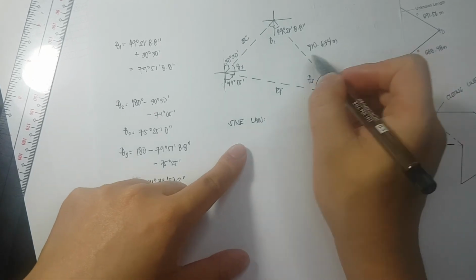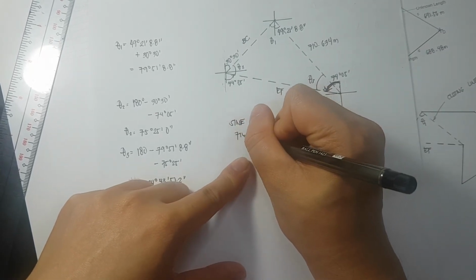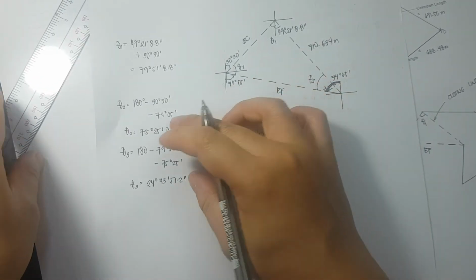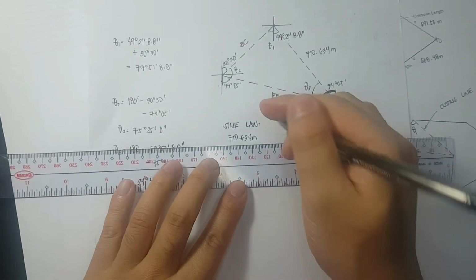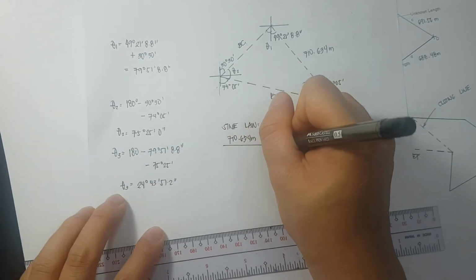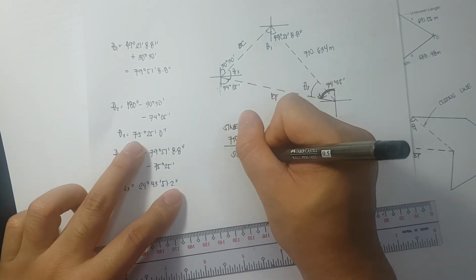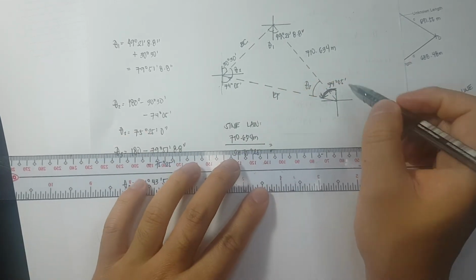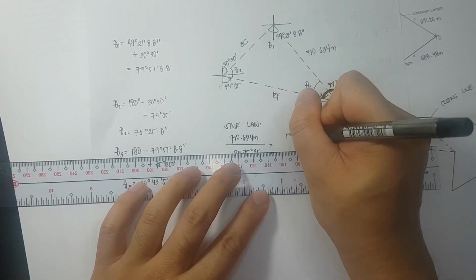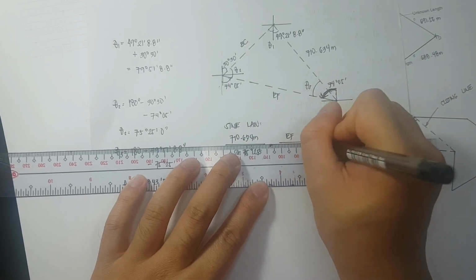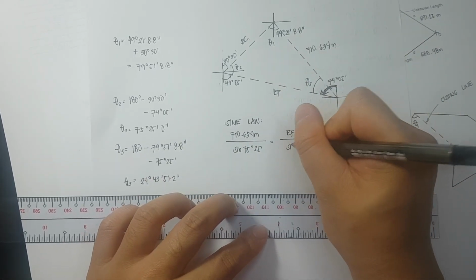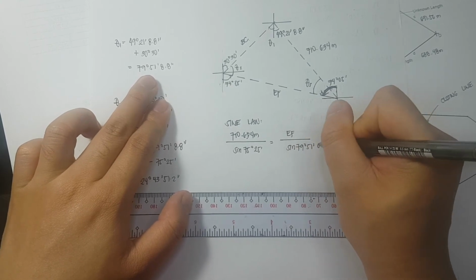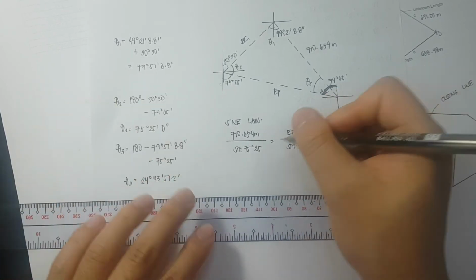So, 710.634 meters over sine of the opposite angle, and the opposite angle is theta 2, sine 75 degrees 25 minutes, is equivalent to line EF over sine theta 1, which is 79 degrees 51 minutes 8.8 seconds.